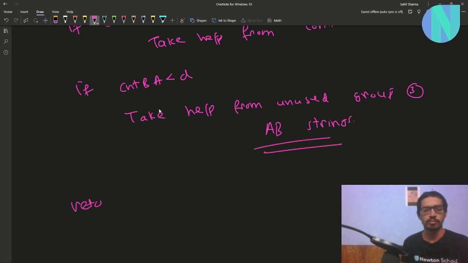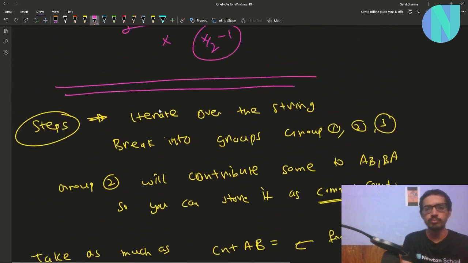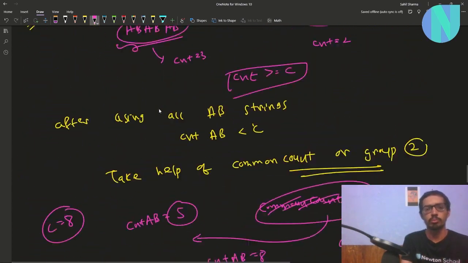And finally, check whether count AB is greater than or equal to C and count BA is greater than or equal to D. If it is true, then your answer is yes, otherwise your answer is no. So that will be the solution for the problem.